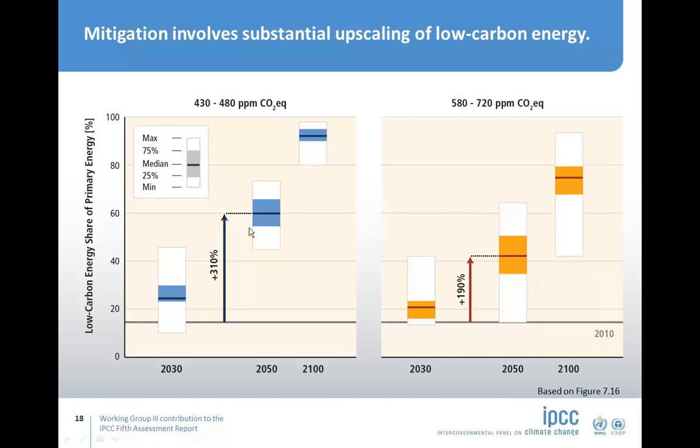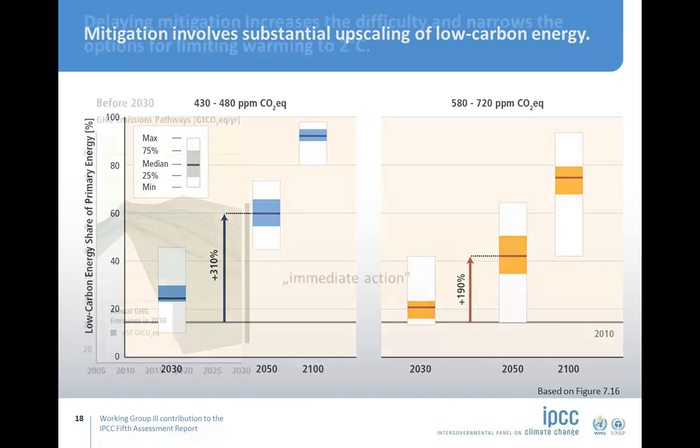And this is the percentage of low carbon energy that we'll need to be producing. So in our preferred scenario, by 2100, we need to be producing virtually all of our energy from low carbon sources. For the 3 degree scenario, we need to be producing about 70% of our energy from low carbon systems.